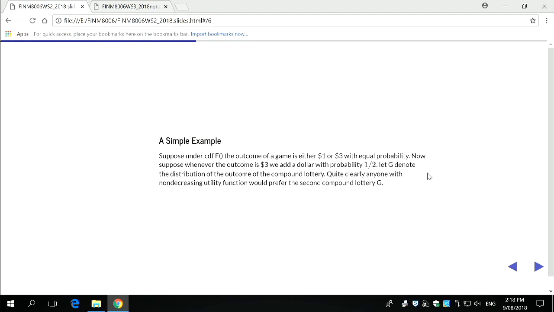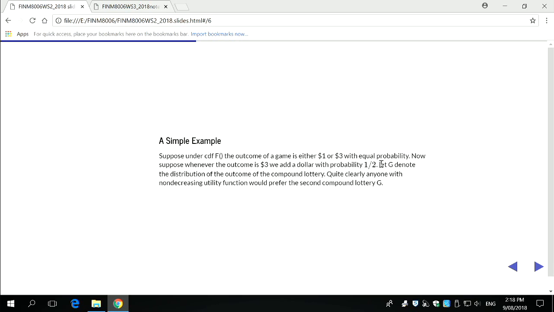Let's say you have a game, and this game has two outcomes. It's either $1 or $3 with equal probabilities. Now suppose whenever the outcome is 3, I will add $1 with probability of half.